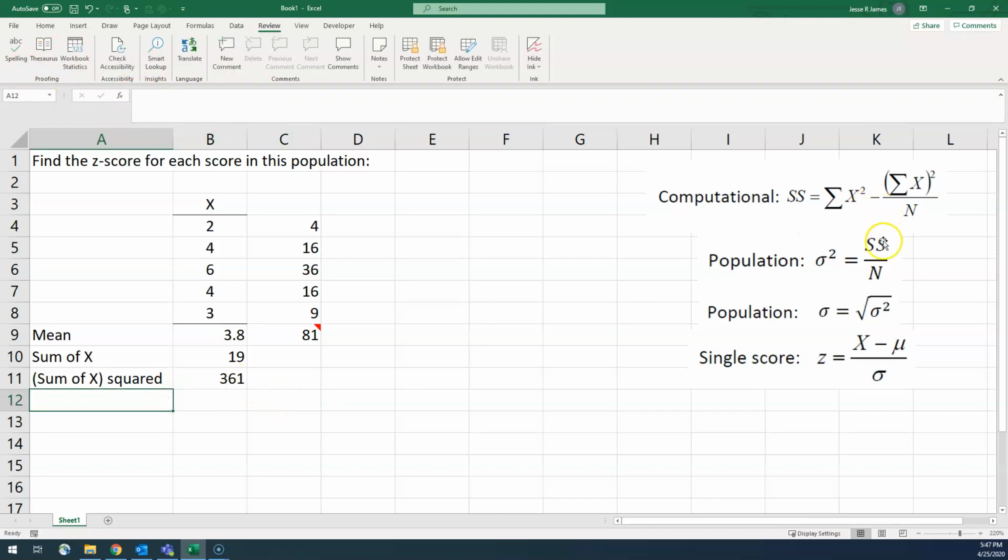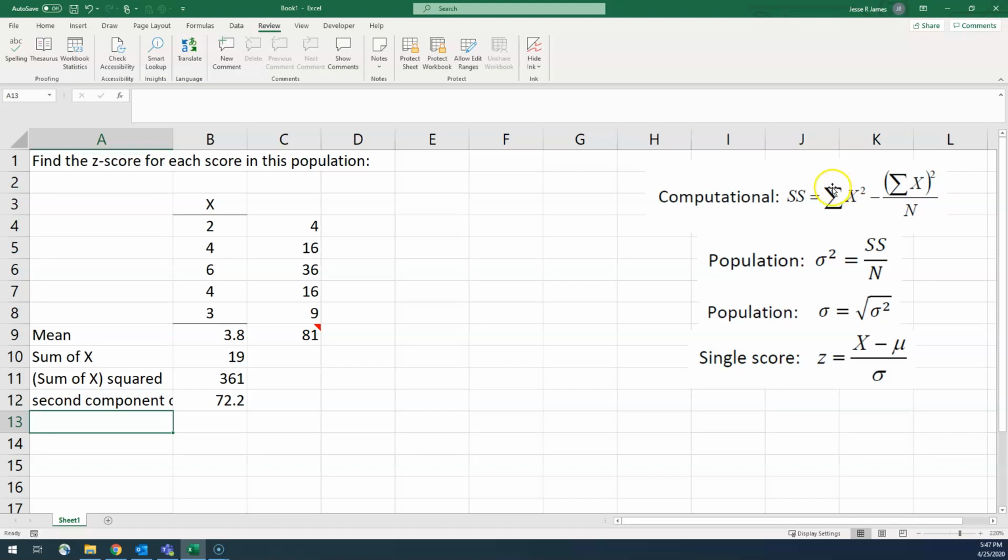Okay. I can then figure out the sum of squares by taking the square of the sum of x, which I just computed here, and dividing it by big N. So I take this, 361, divided by 5. And that right there is the second component of the SS.